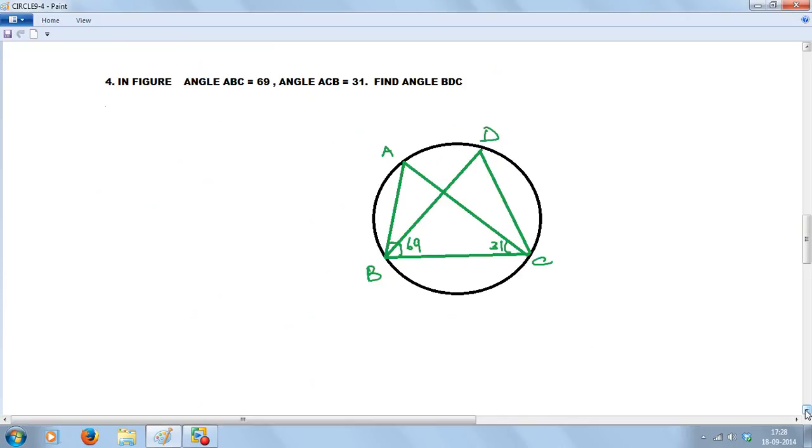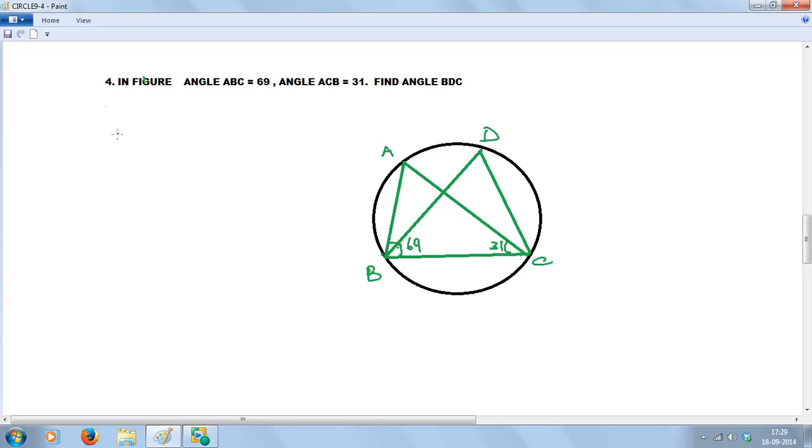In the figure, angle ABC is equal to 69. So BC is a chord, and the angle subtended, angle ACB, is equal to 31. Now two angles they have given.